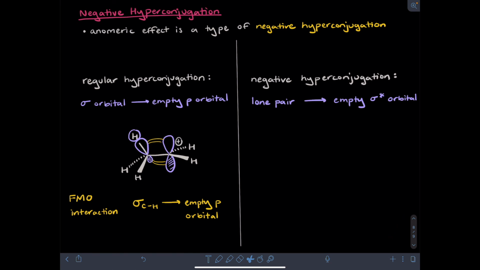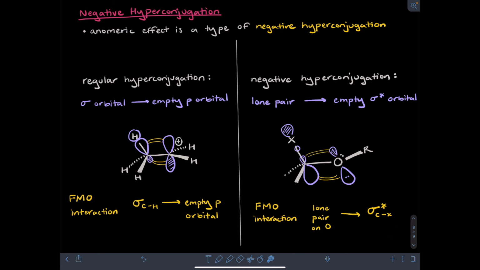Negative hyperconjugation, instead, involves donation of a lone pair of one atom into a neighboring empty sigma star orbital. So rather than having a bonding orbital donating, you have a lone pair donating instead. So more generally, let's consider an oxygen with a lone pair adjacent to our CX bond. In this case, my donor orbital is a lone pair on oxygen. This is in an sp3 hybrid orbital, and I'm drawing this in the plane of the page.